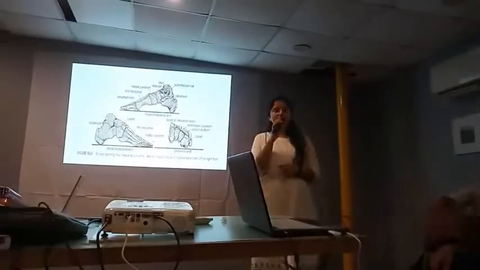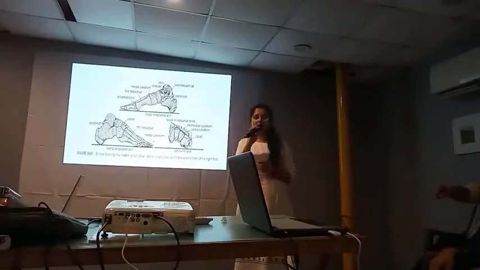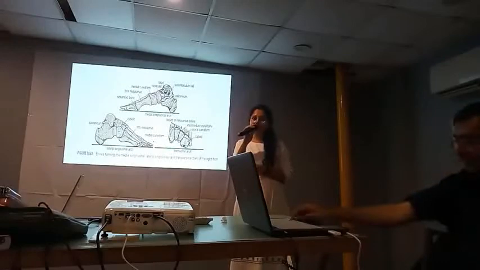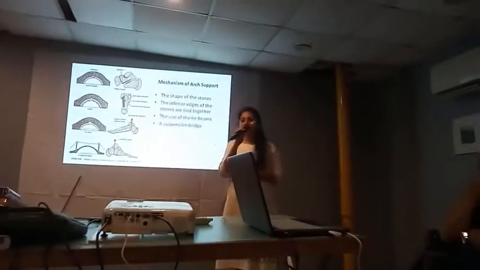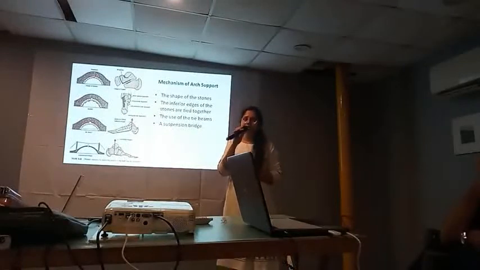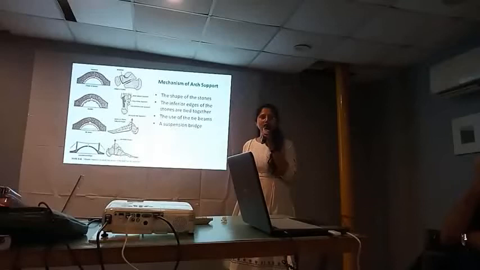Now we'll go into detail about the structures around these bones and how the mechanism of the arches works. So let's assume that our arch is like a bridge. The bridge is a structure which holds its shape, and if weight comes on it, it still maintains the shape.